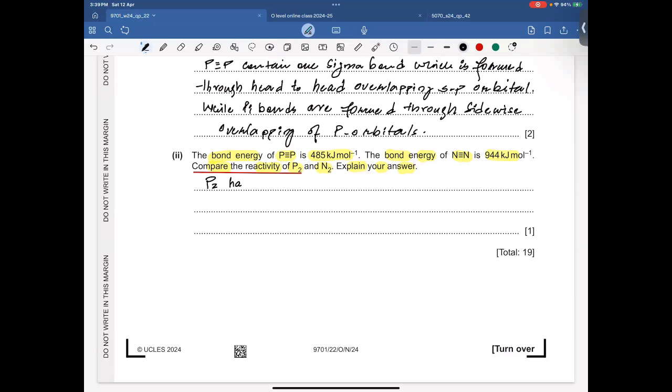P2 has lower bond energy than nitrogen, which means its bond is weaker than nitrogen.